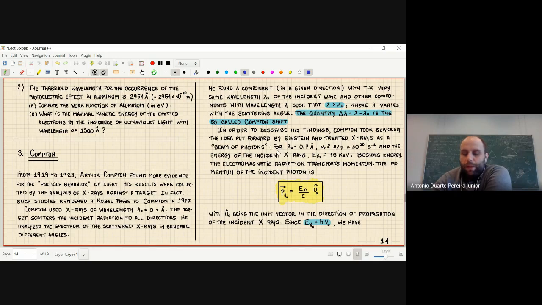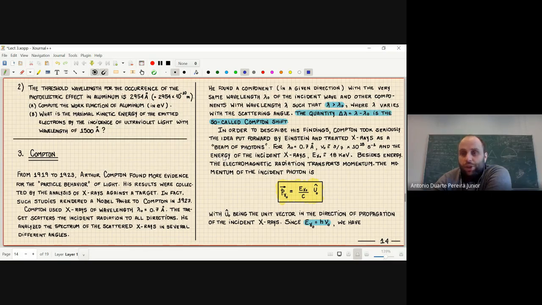For lambda naught being 0.7 angstrom, the initial X-ray having this wavelength, the associated frequency, you have to remember that frequency and wavelength are related, we saw that yesterday, I can compute the initial frequency, and this is given by 3/7 times 10 to the 18 Hz.